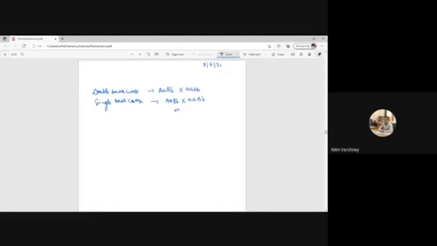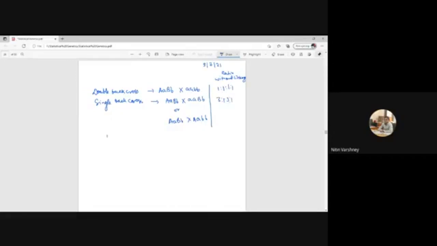And their expected ratio without linkage, if linkage is not there, then the expected ratio will be 1:1:1:1 here, and here it will be 3:1.